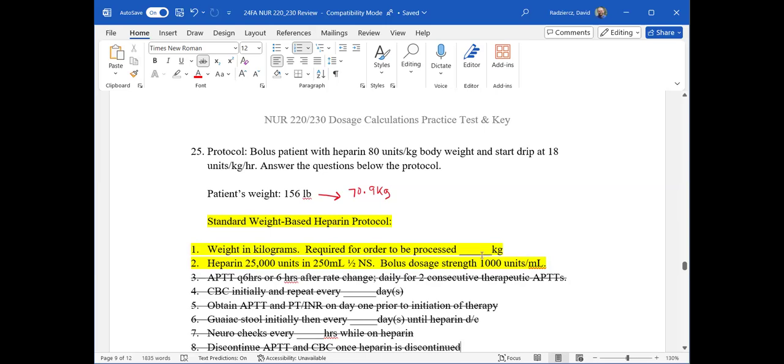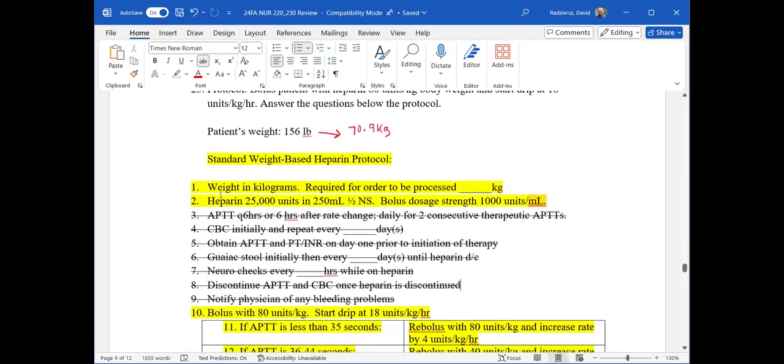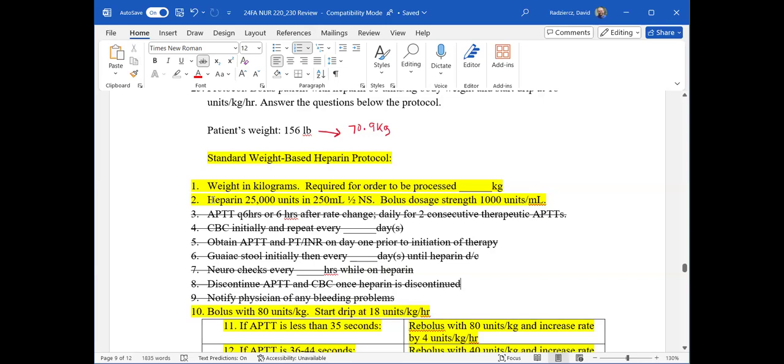The way I look at this is like a laminated sheet of paper that's in the room where you're doing these heparin things. So it's just your ability to navigate the information that's there. And I know it's overwhelming. Then it'll give you your availables. So what's available is 25,000 units and 250 milliliters half normal saline.